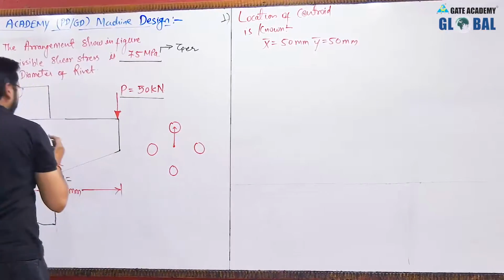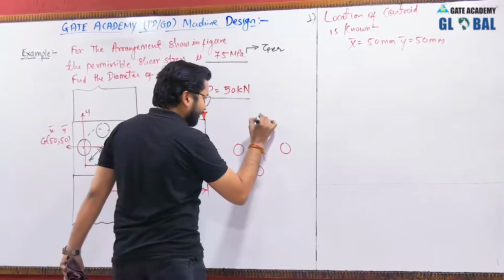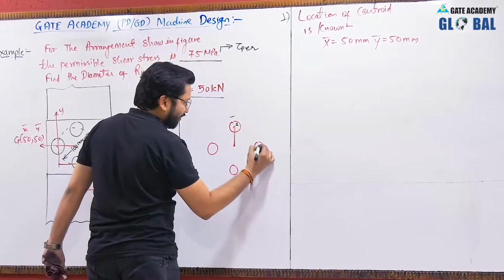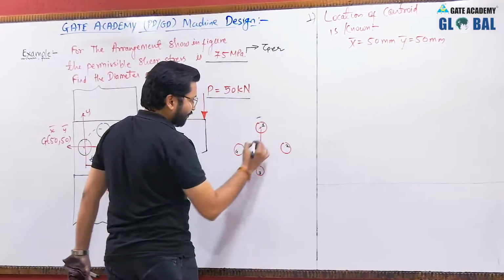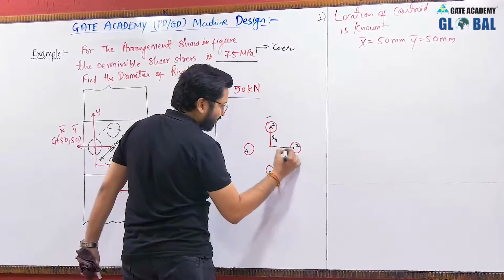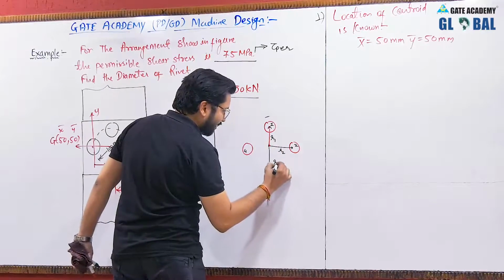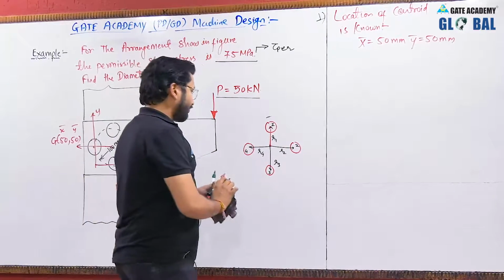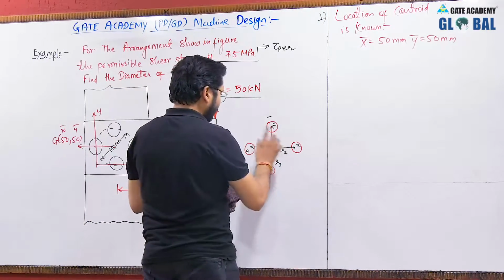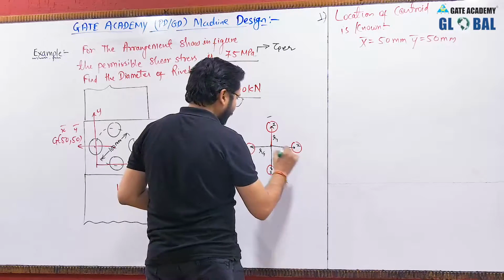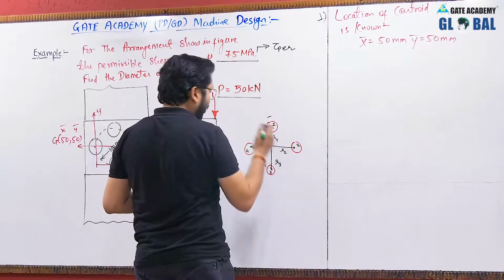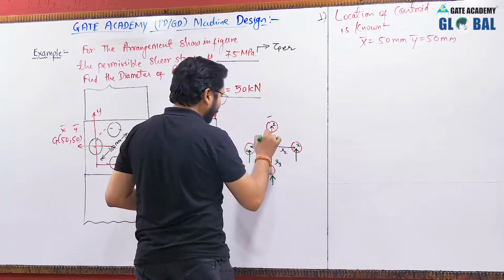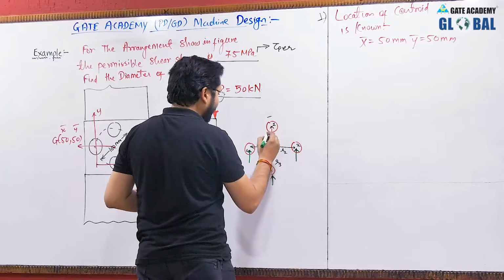Now for the radial distances, let us say this is rivet number 1, this is rivet number 2, this is 3, this is 4. So this will be R1, R2, R3, and R4. The force is acting downward, so the reaction force will be acting upward. This is the direction of direct shear force.